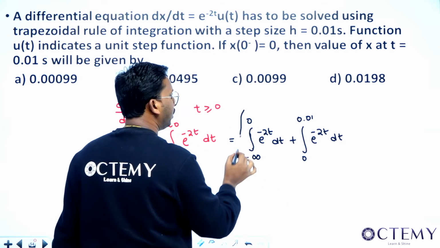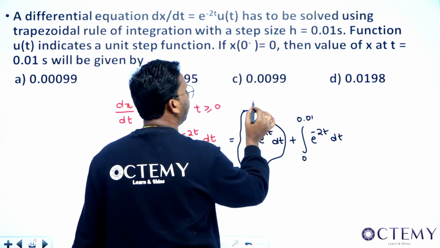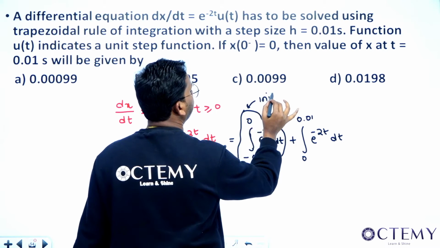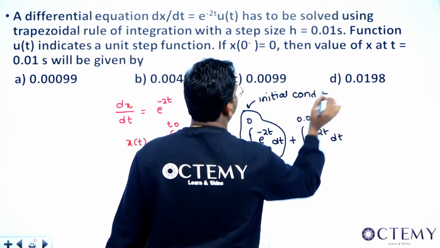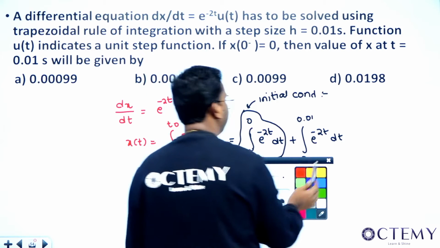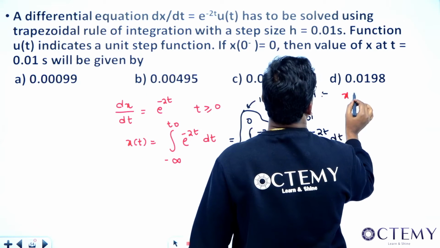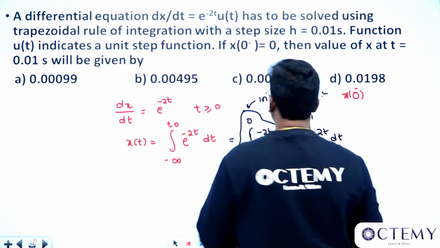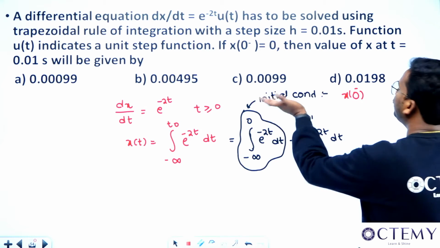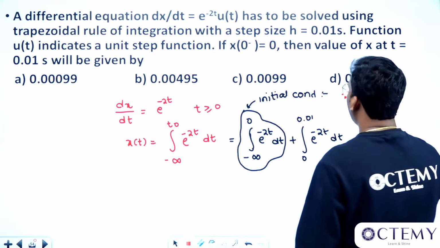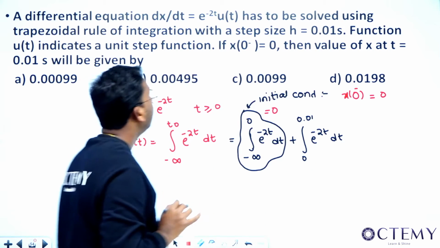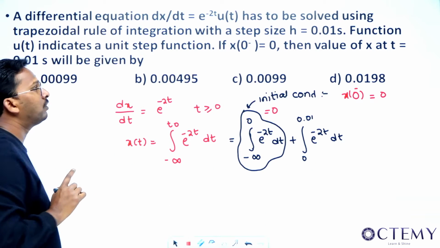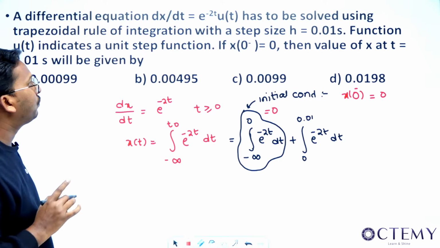Now this is your initial condition, which is given as x of 0 minus. 0 minus means from minus infinity to 0. That is 0. So all of this term is equal to 0. Right?